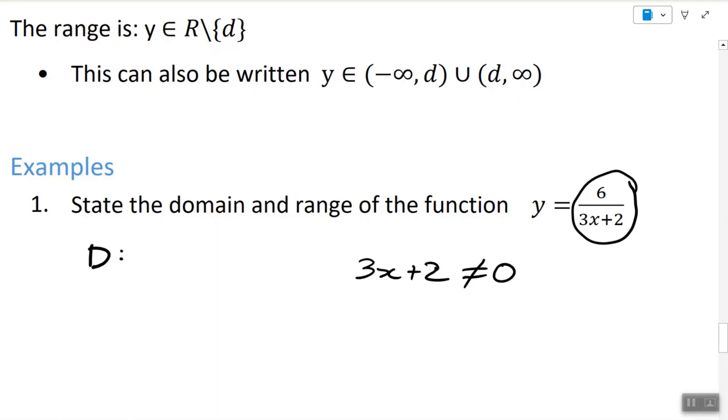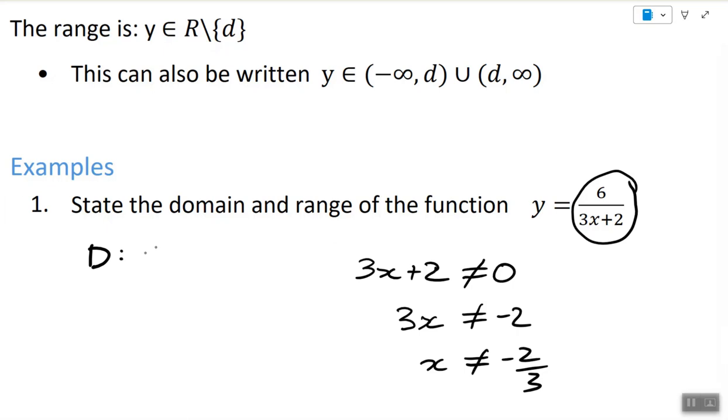Okay, so then we can rearrange this to figure out when x does not equal something. So bring the 2 over. So minus both sides by 2. Divide both sides by 3. So x cannot equal negative 2 over 3. If I substitute in negative 2 over 3 for x, it won't work because the bottom will equal 0.